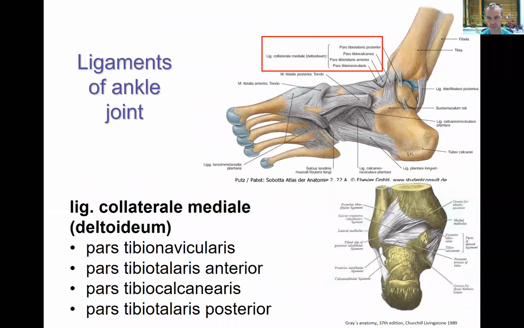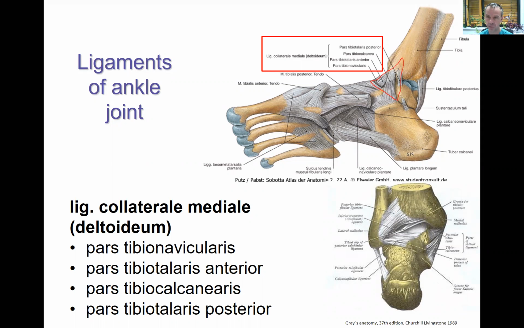Let's see some figures. Here we have the collateral ligaments, yeah? And this is the delta-shaped ligament consisting of 4 parts. And you can see that these 4 parts are called according to the bones to which the ligament extends.